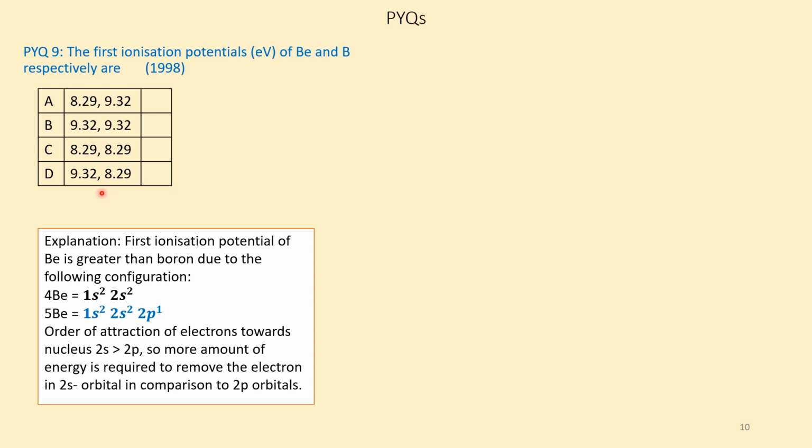So more energy is required to remove the electron in the 2s orbital in comparison to 2p. Hence, the correct answer is 9.32 and 8.29.